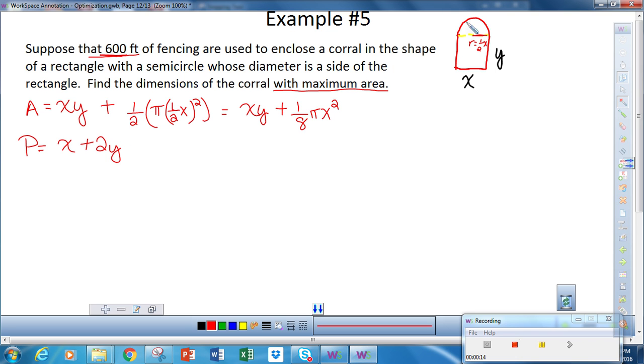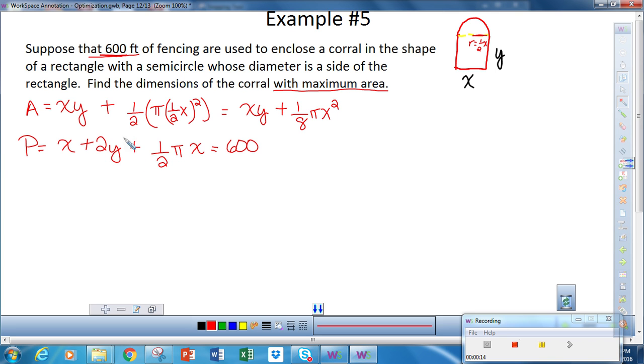For the circular part, it's going to be the circumference of a semicircle. So the formula for the circumference of a semicircle is 1/2 pi d. In this case, d is simply x. Okay? And this is equal to 600.